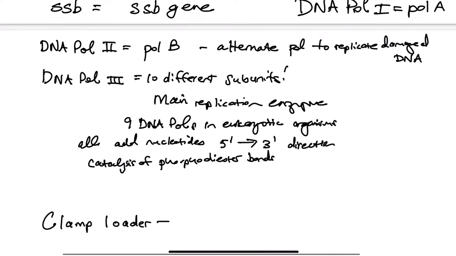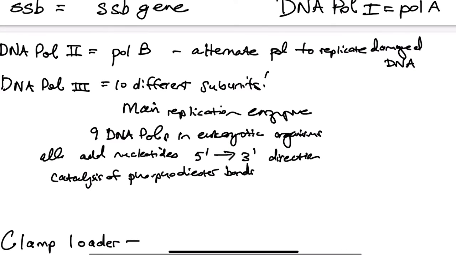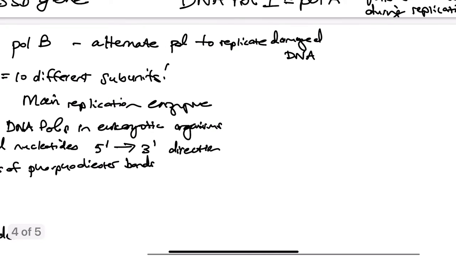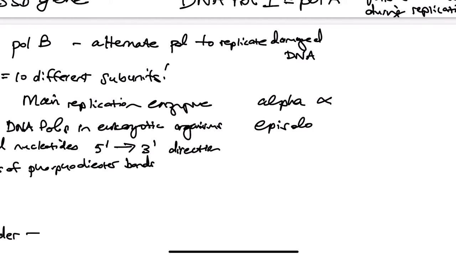All right, so DNA pol 3, let's look at the subunits that are of note. We're not going to do all of them. I do want to point out that it has an alpha subunit. It has an epsilon subunit.